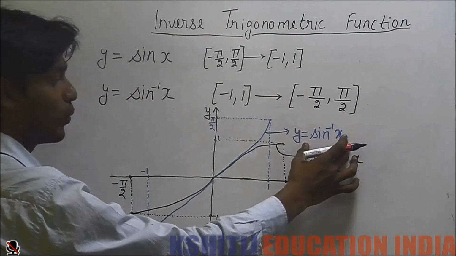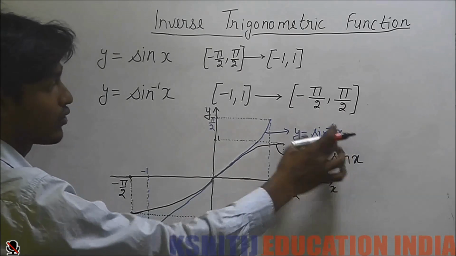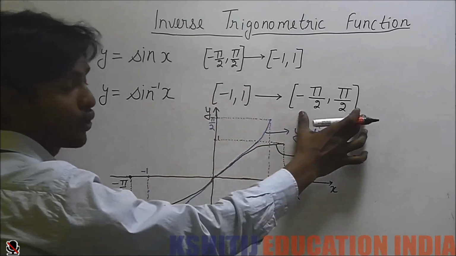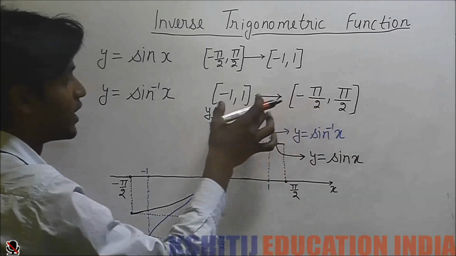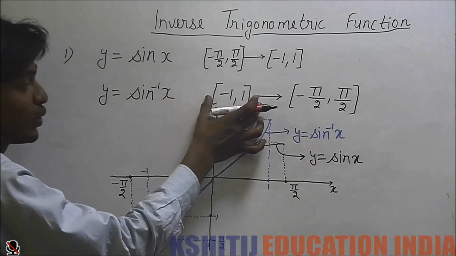Now we have to plot the graph of sin inverse x. First we have to be clear about the domain and the range of sin inverse x. The domain of sin inverse x is minus 1 to 1.